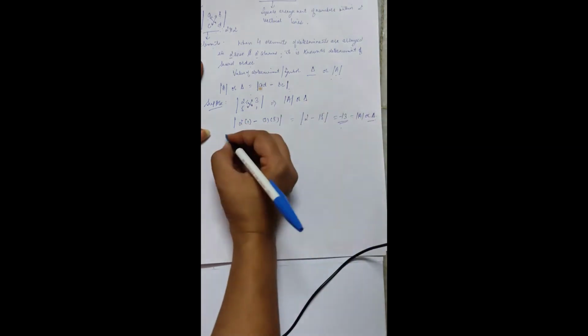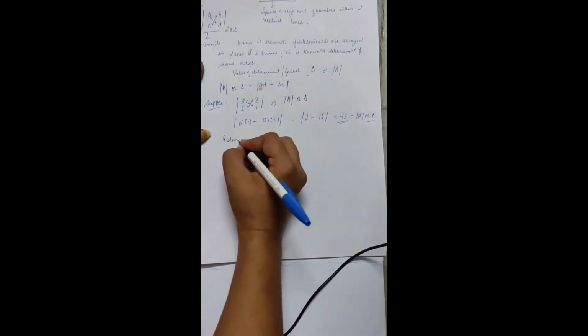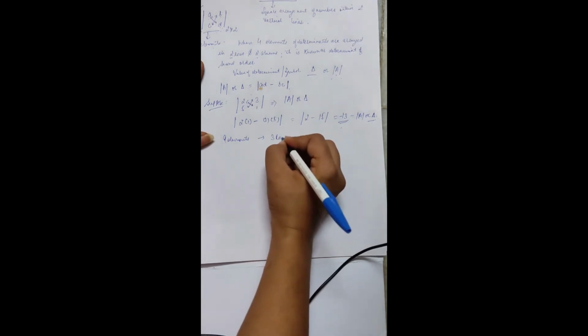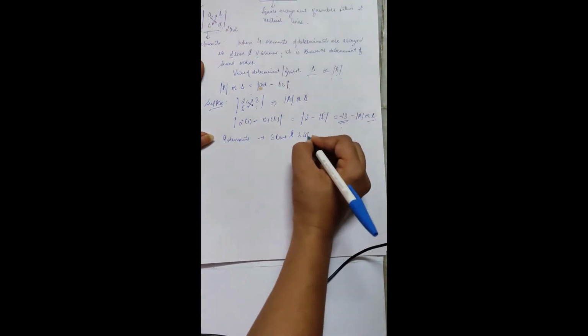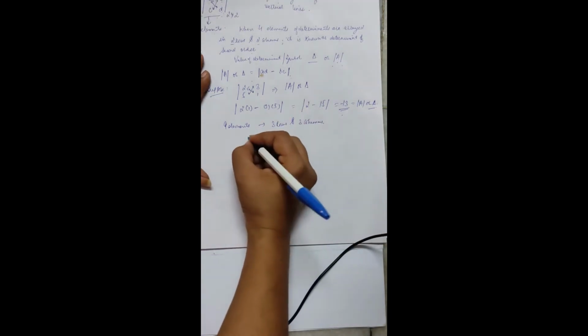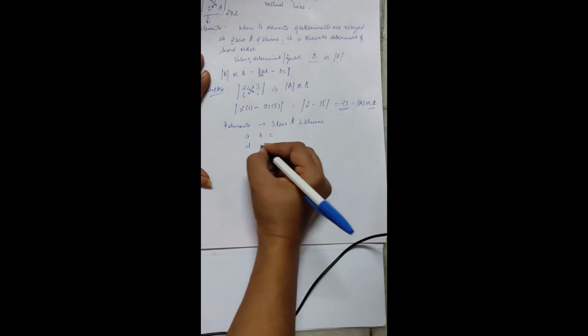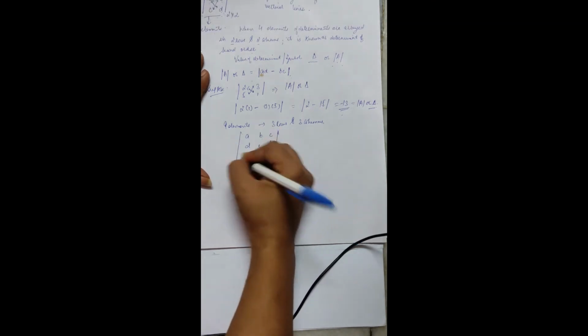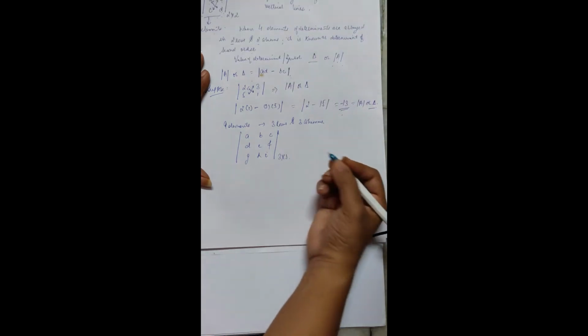Now if there are 9 elements and they are arranged in 3 rows and 3 columns, let's suppose a, b, c, d, e, f, g, h, i, then this is of order 3 by 3.